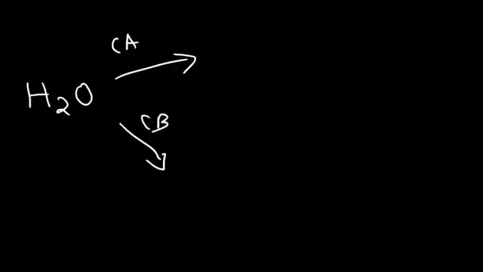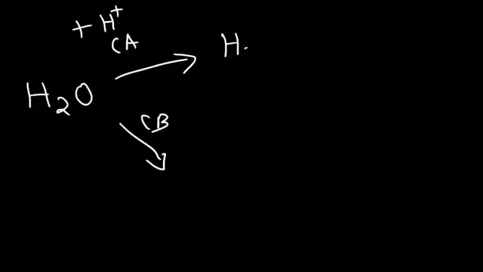Now let's say you're given water and you want to write the conjugate acid of water and at the same time the conjugate base. What is the conjugate acid of water? Whenever you want to find the conjugate acid of something, all you need to do is add H plus to it. So you're going to add a hydrogen and increase the charge by 1.